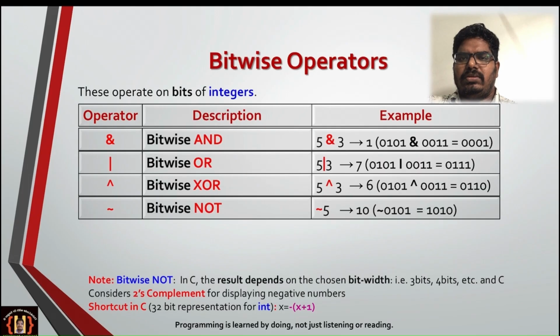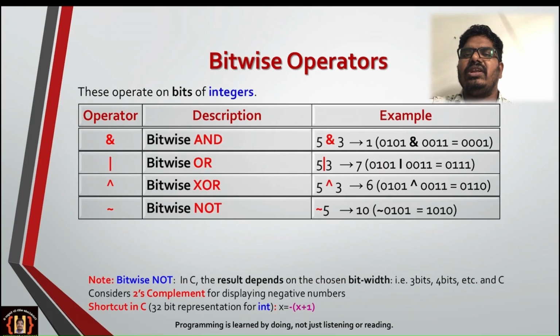You should remember one thing for this bitwise NOT operator: in C language, the result depends on the chosen bit length. For 3 bits, you may have taken 4 bit or 6 bit or 8 bit or 16 bit, it depends. Usually in C language, the compiler takes a 16 bit or 32 bit representation.